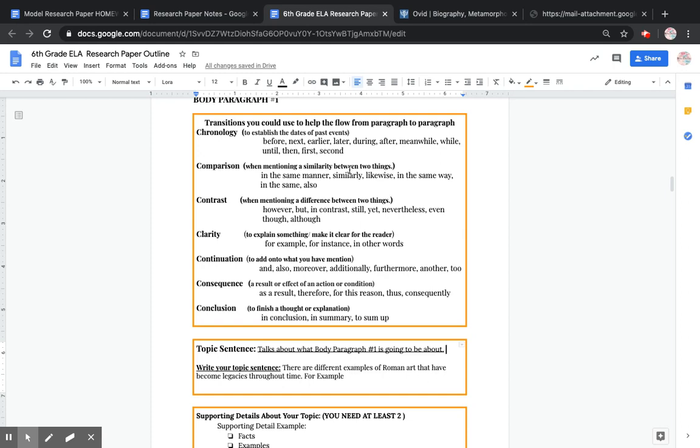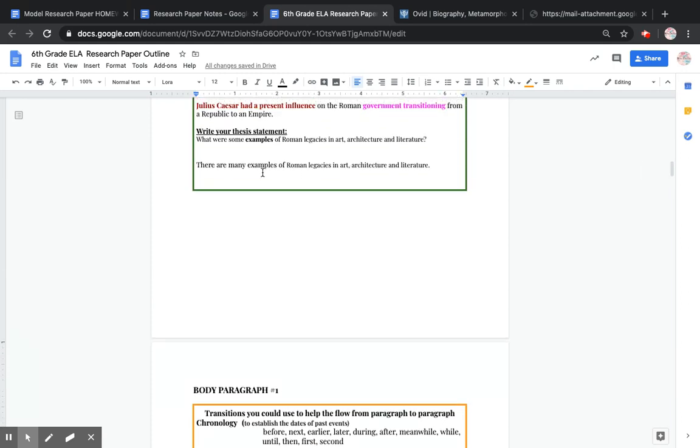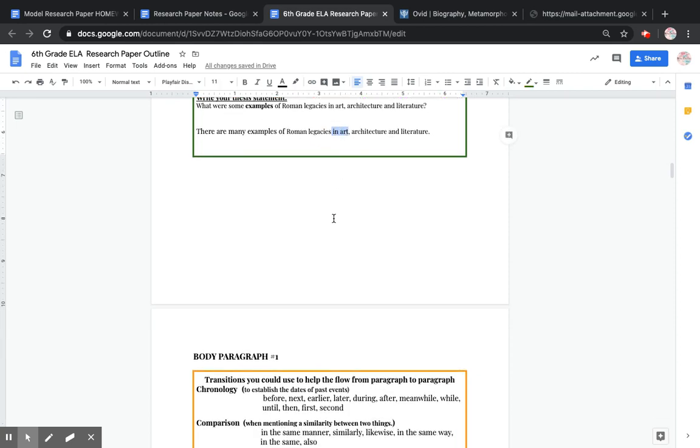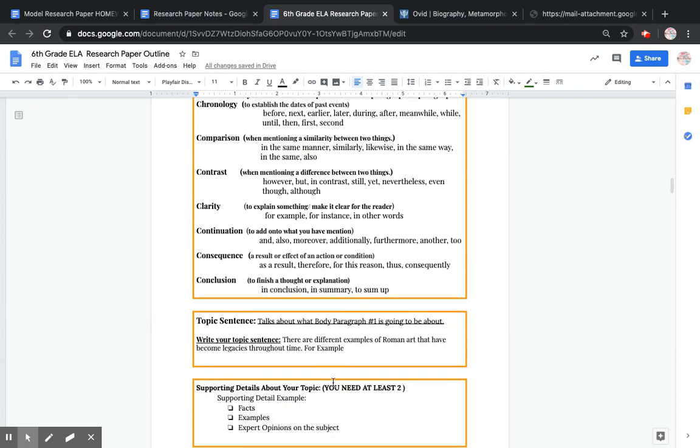What I want to make sure that you do is that you look at your thesis statement and you focus on what you're mentioning first. So in my case, it's art. So what I'm going to do is mention that there are different examples of Roman art that have become legacies throughout time. So this sentence connects to what I just talked about in my thesis.